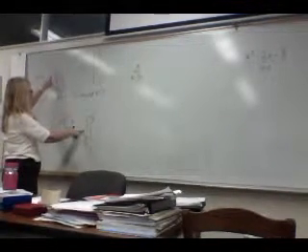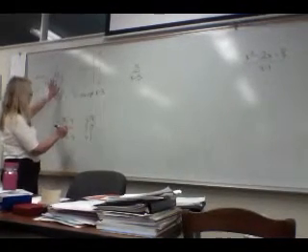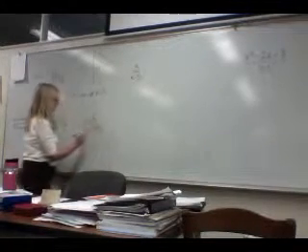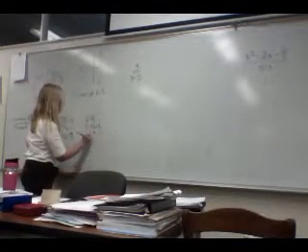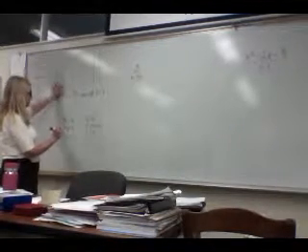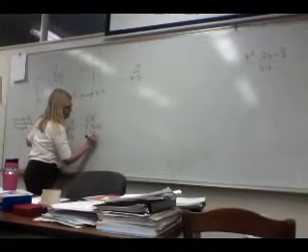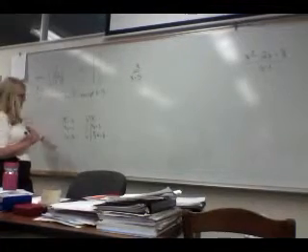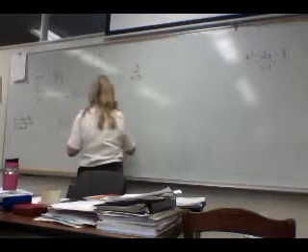Put a 5 in. 5 plus 1 over 5 minus 3 is 3. 6 plus 1 is 7, over 6 minus 3, 7 over 3, which is 2.3, right? So we get 6 different points, and we plot them.